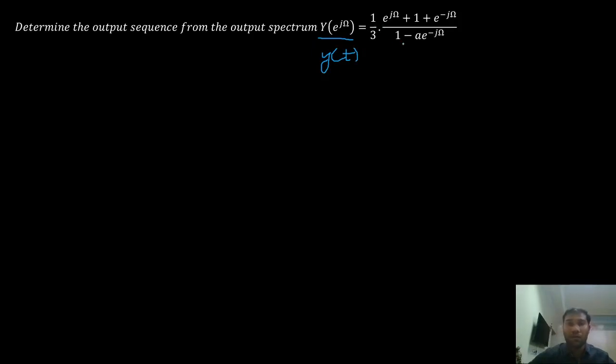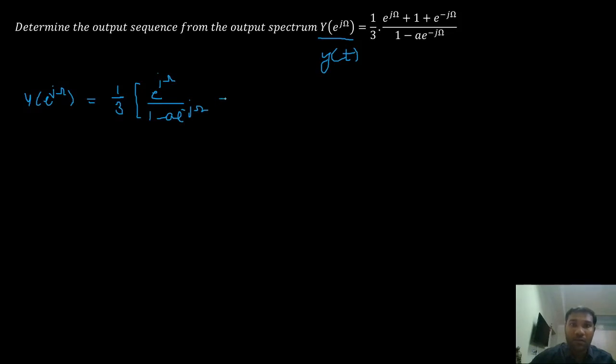So first, what I'm going to do, the Y of e power j omega, I'm going to separate them. 1 by 3 into, the first term is going to be e power j omega divided by 1 minus a e power minus j omega.